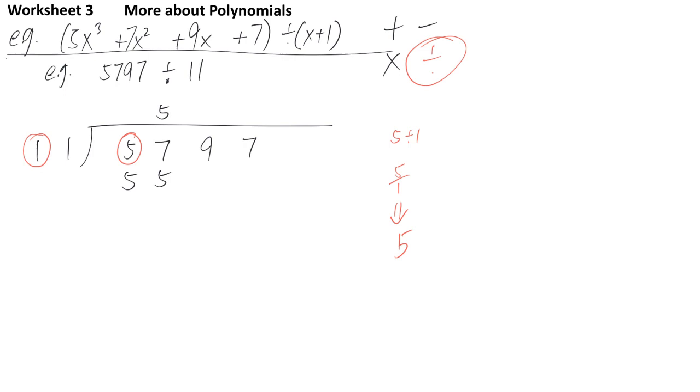And then we deduct that. That means of 57, we already counted 55. How much we didn't count yet, we didn't divide yet, is 7 minus 5. So we write down 7 minus 5 here, which is 2.